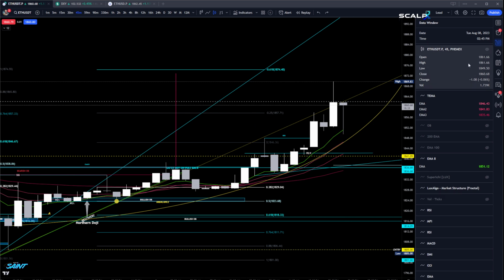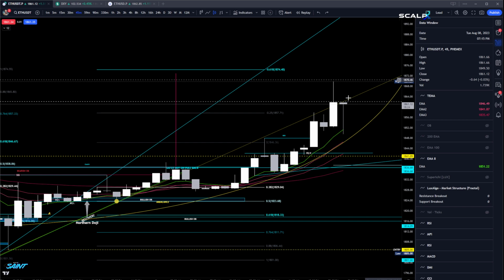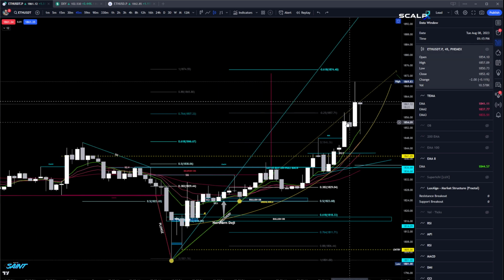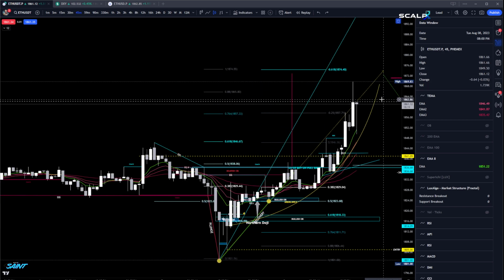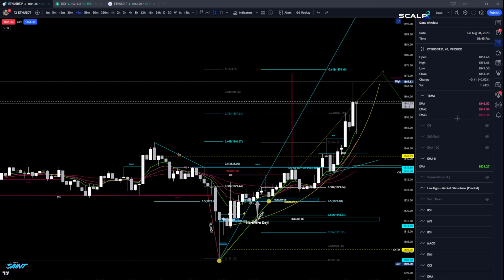But if it goes like 1861, and it closes right where it is right now, maybe a little bit higher, right there, that's a doji. Yeah, that's gonna be a doji. That could be bait. 100% bait.